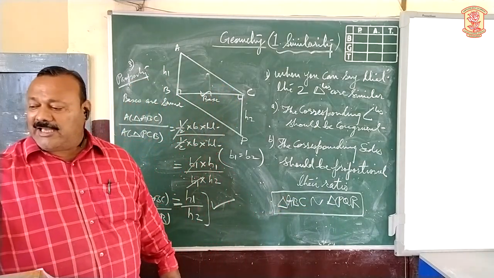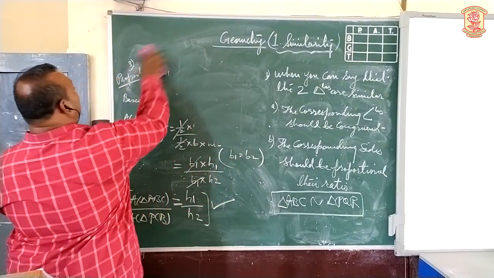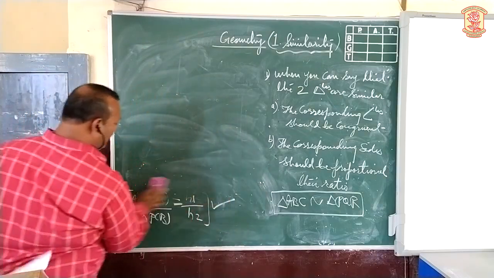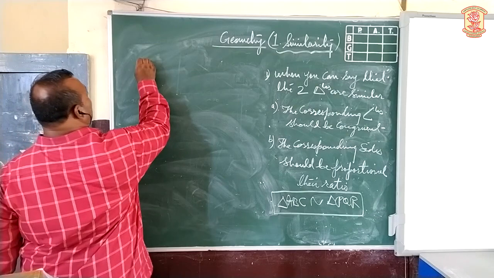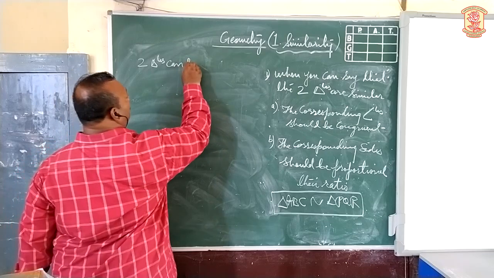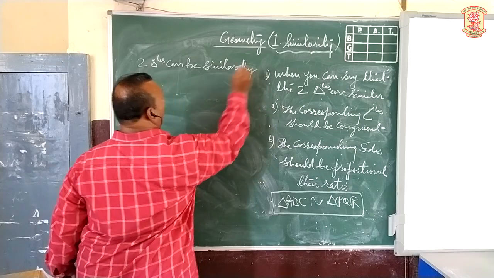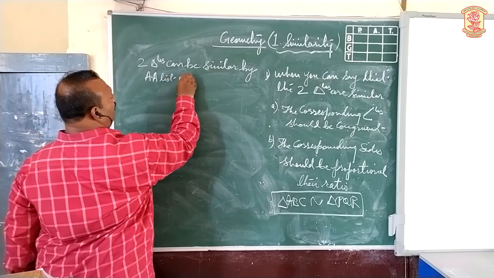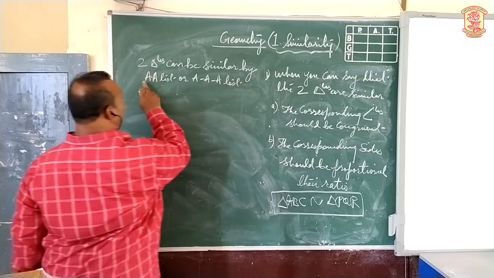Now, by which test are they similar? Various tests are involved in similarity. Three tests are very important to say that two triangles are similar. The first: two triangles can be similar by the AA test, or it is also called the AAA test, that is the angle test.